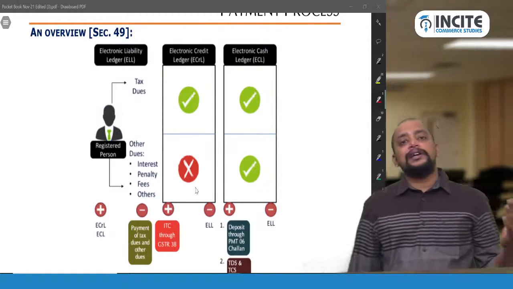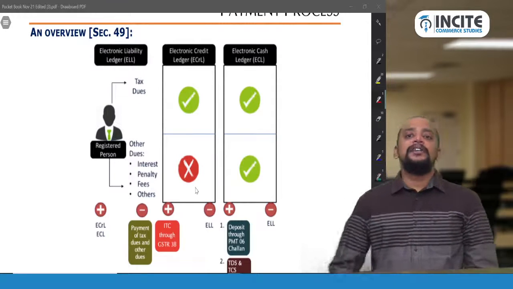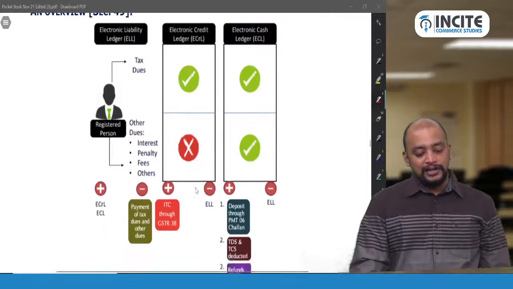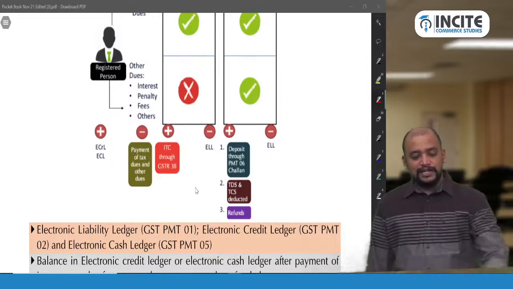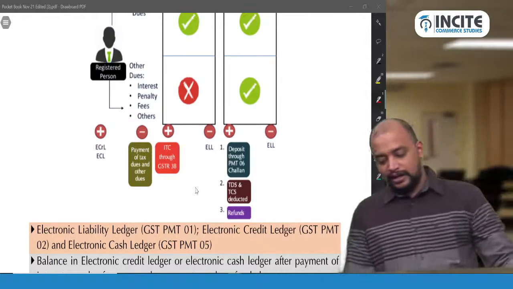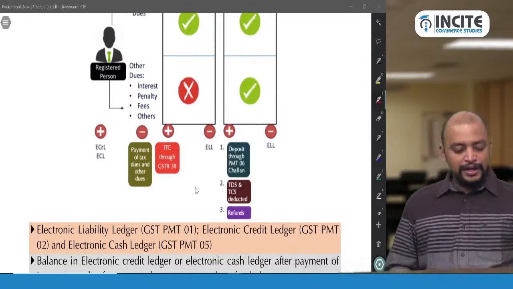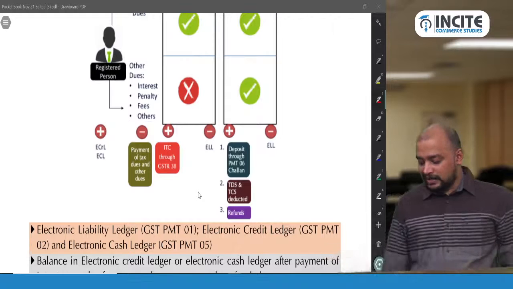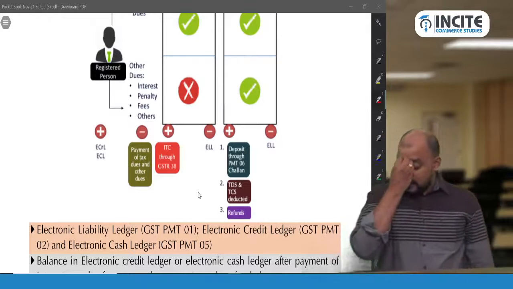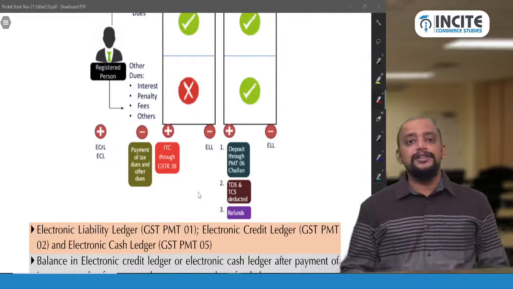Whereas the electronic credit ledger, how will the money come into it? Through 3B, mainly through 3B. If there is any other way through which the electronic credit ledger will get money, that will be through form GST ITC-01 and form GST ITC-02.